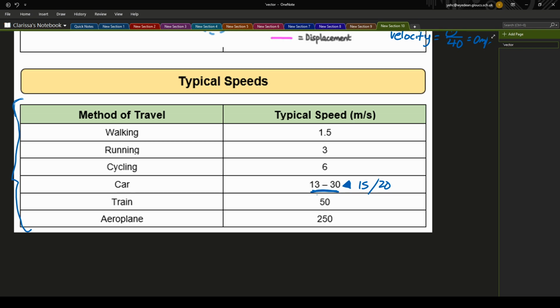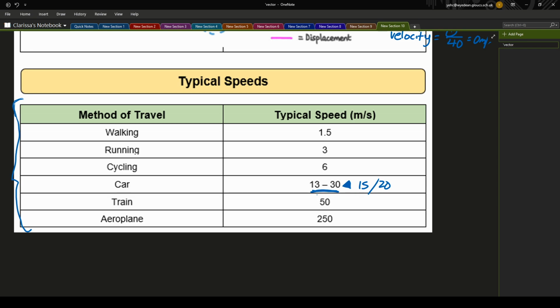So they wouldn't just explicitly state, tell me the running speed, tell me the cycling speed. Have an idea of the typical speeds, so that you can use them as a point of comparison to something else. The more you look at these typical speeds, and we're going to be using them quite a bit because these are general things in day-to-day life, walking, running, cycling, car, train, airplane, because they're typical means of travel.